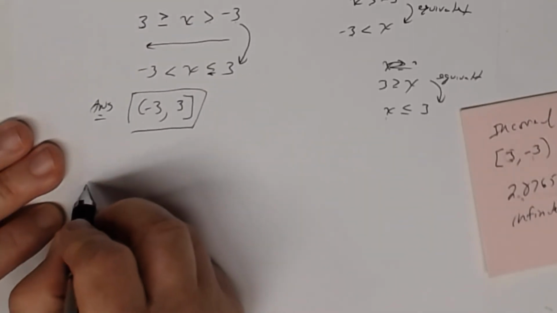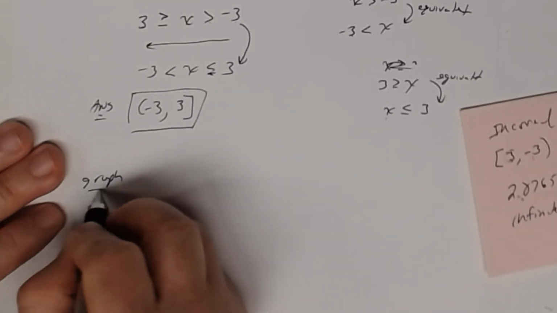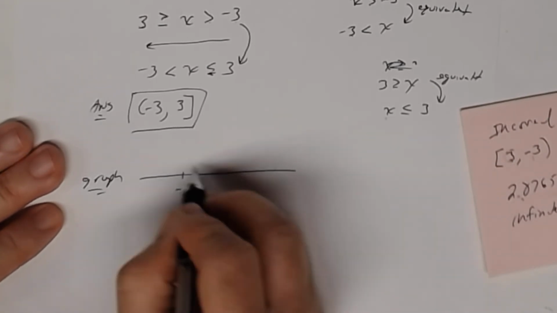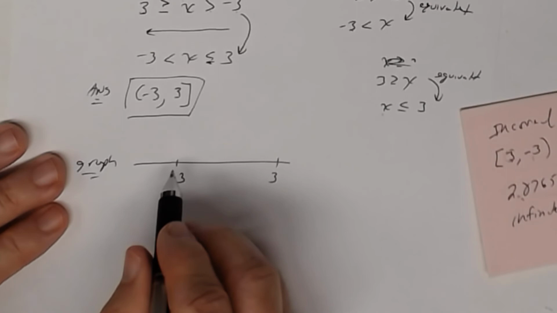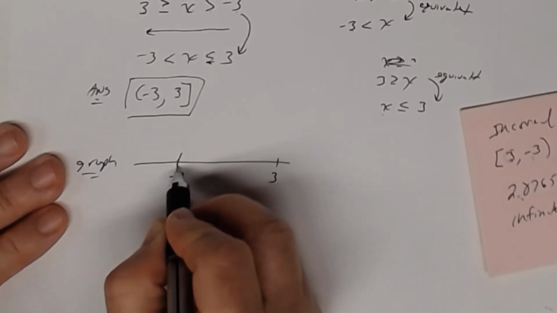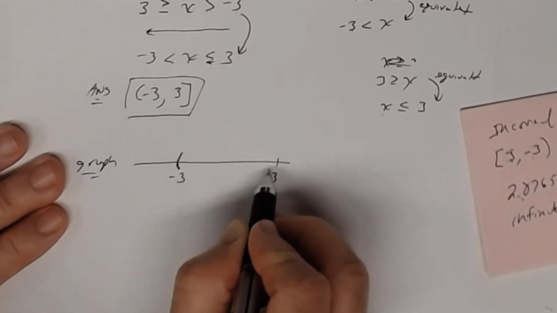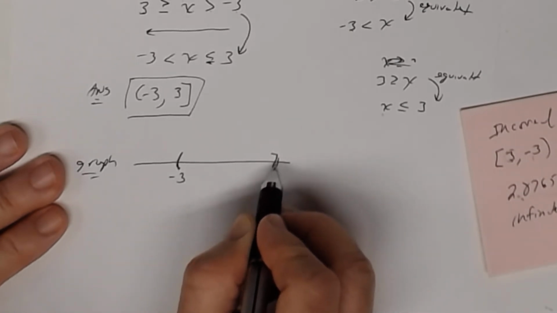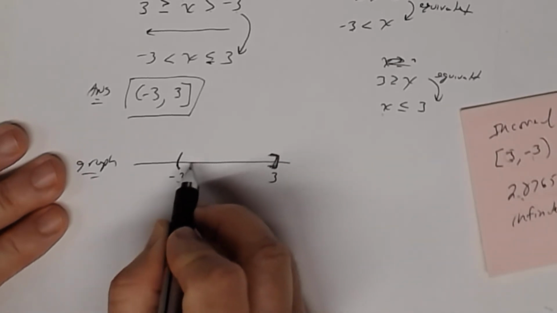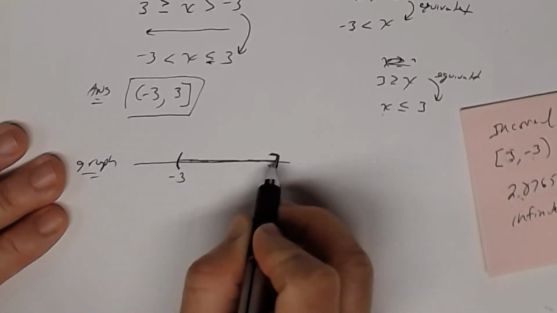If you were to graph it, which you were not asked to do, but if you were, I'm going to put -3 and +3. You would need a parenthesis on -3, and then a bracket on +3, and you would shade in every real number here.